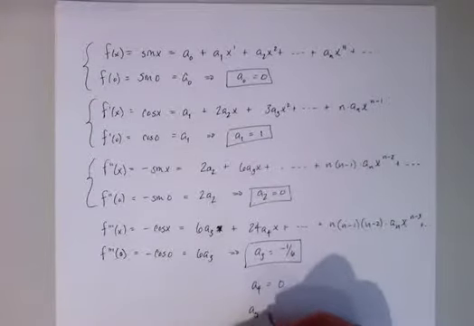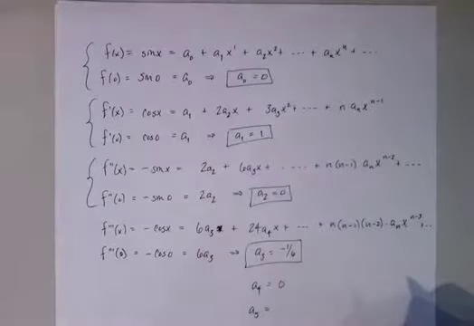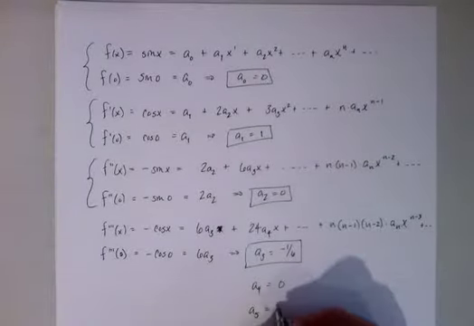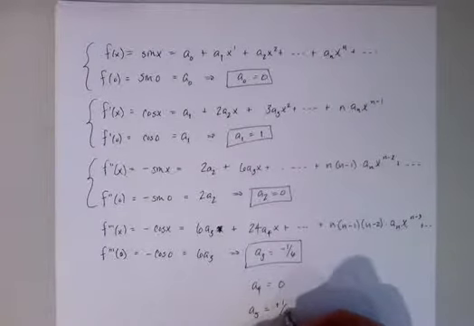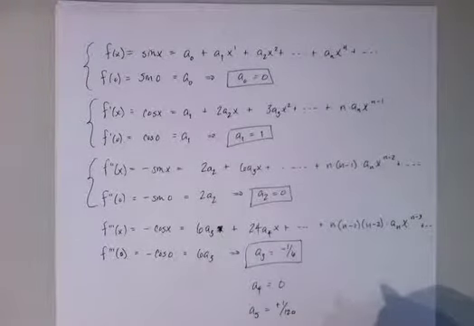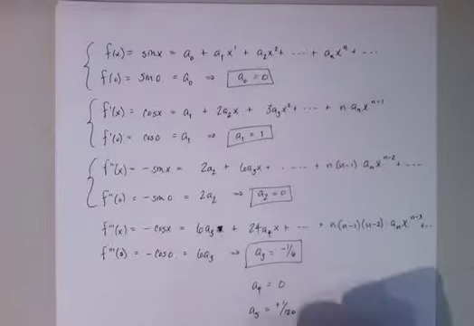A sub 5 is going to be, well, let's actually try and figure this out. It's going to be positive 1 over 120. And there's a reason for that, okay? Because remember, when I take successive derivatives of x to the fifth, its fifth derivative is 5 factorial.